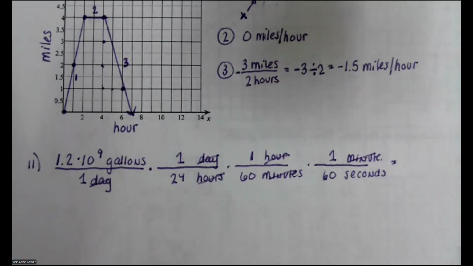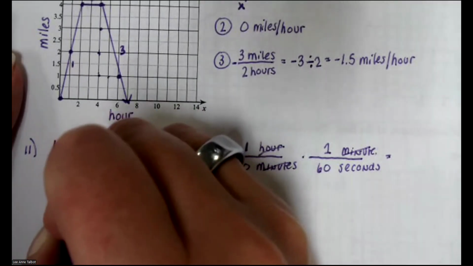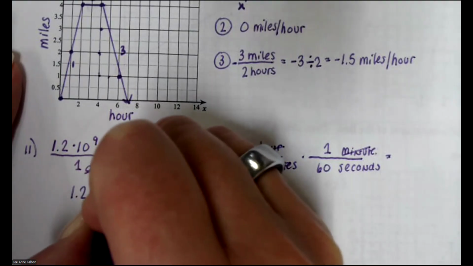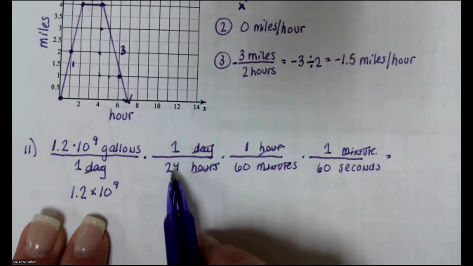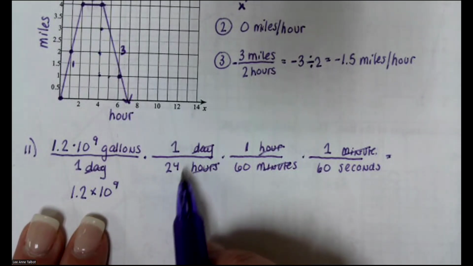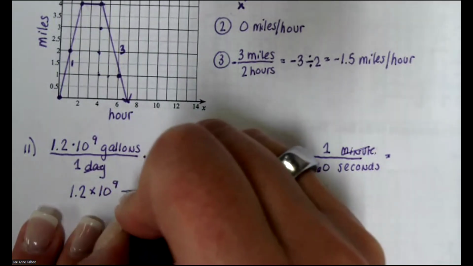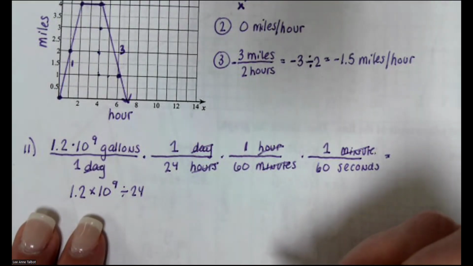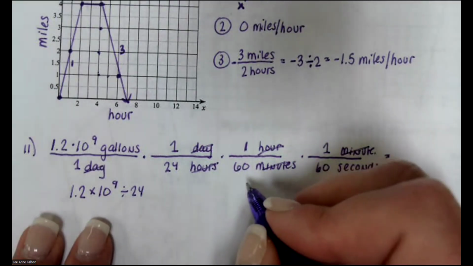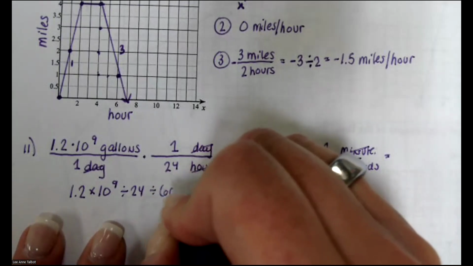Okay, now how do I do them? Like, what am I going to type in the calculator here? 1.2 times 10 to the 9. What do I do for this? Divided by 24. Uh-huh. 60. What do I do with that? Divide 60.